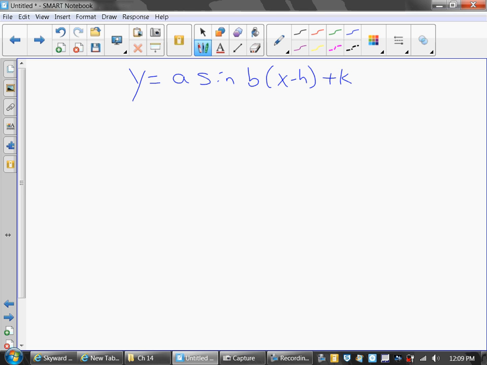So here's the way we start these things out. Let's just go with a real simple one. Let's say we have y equals 2 sine of 4x minus pi over 2 plus 2.